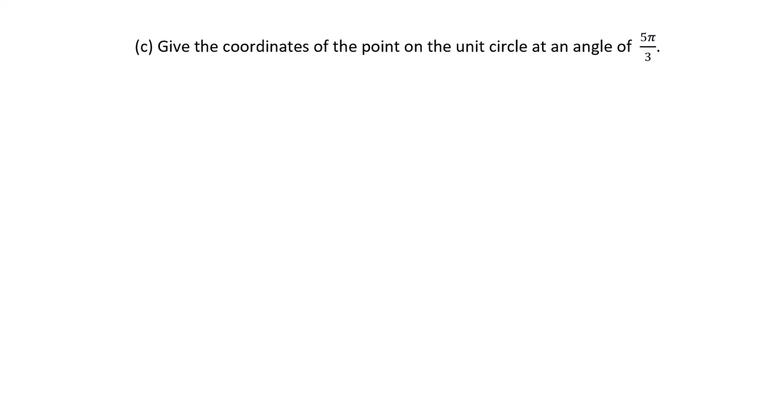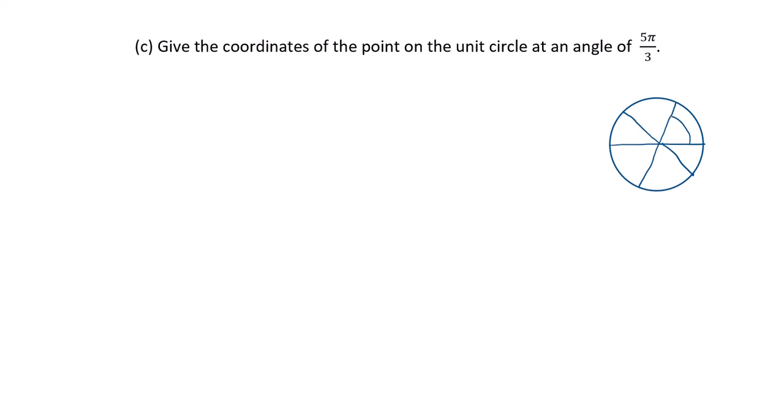Now let's give the coordinates of the point on the unit circle at an angle of 5 pi over 3. Again, it helps just to picture what quadrant we're in. If I'm going to divide this by thirds, I'm not even going to put the y-axis on there.